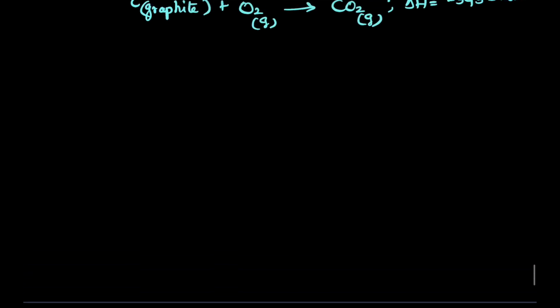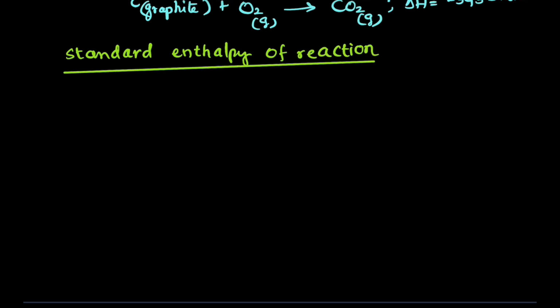After this, we can measure the standard enthalpy of reaction. This is called the enthalpy of reaction measured at standard condition. Otherwise, we can say this is the change in enthalpy accompanied in a chemical reaction when all participating substances are at the standard condition.